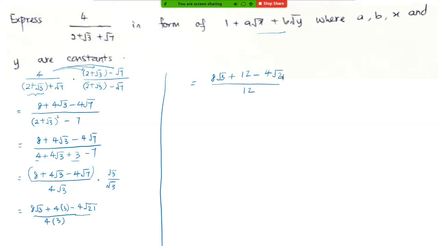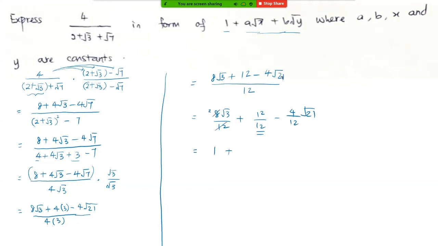Now let's look. We have to find it in the form of 1 plus a root term and another term in root form. So in this case, I noticed that 12 and 12 can be simplified, so I can just separate them like this. Therefore, let's rearrange, put the 1 in front, and this one will be divided by 4.